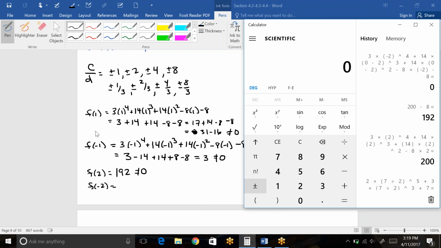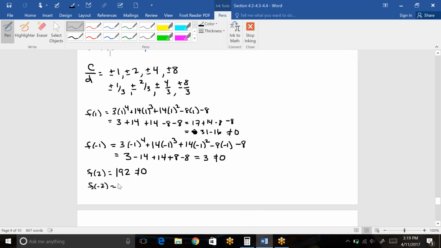So I'm going to write this one out a little bit better. So this is 3 times negative 2 to the 4th plus 14 times negative 2 to the 3rd plus 14 times negative 2 to the 2nd minus 8 times negative 2 minus 8. When I plugged that in, I got my 0.